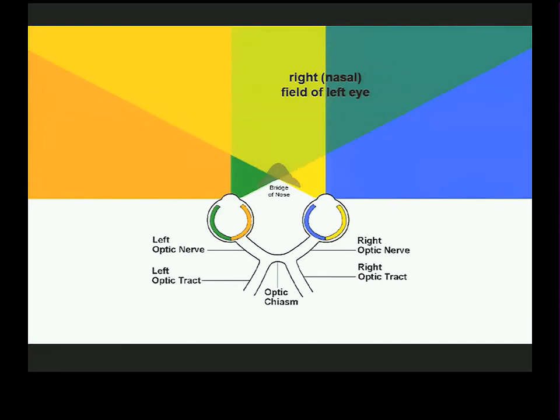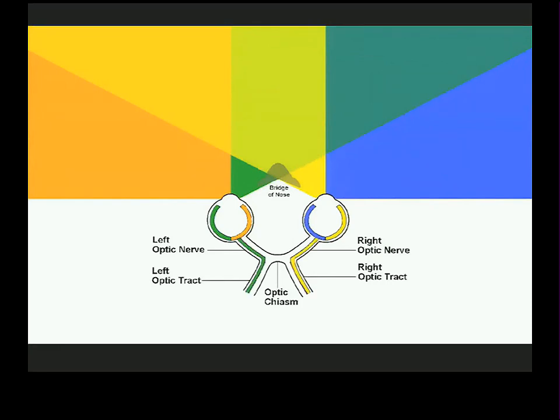Here is the right in green and shaded as it changes across its other fields. The right field or nasal field of the left eye is projected onto the temporal hemiretina. So, using that nomenclature of nasal and temporal, fields are projected onto the opposite hemiretina.